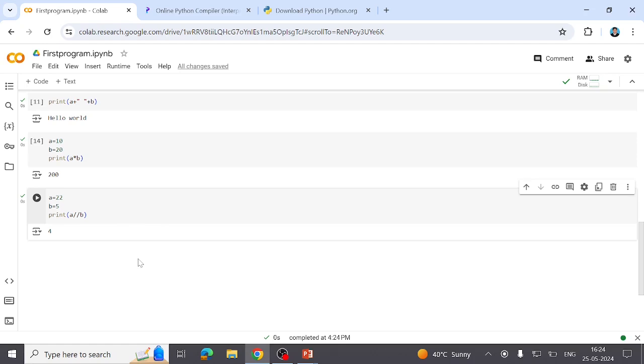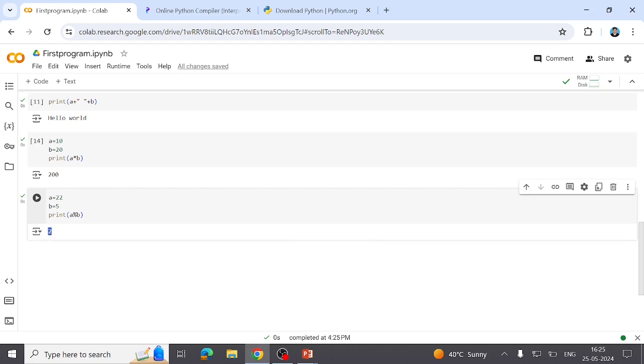If we want to consider only the quotient of the result, we use floor division, the double forward slash. And if you want to take only the remainder part of the result, when we divide 22 by 5, how much remainder remains? If you try this, you can see the result is only 2.